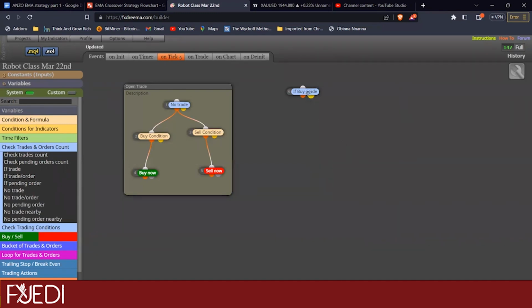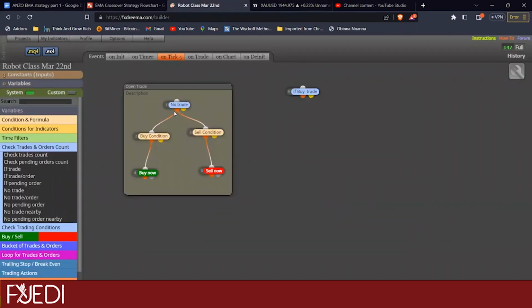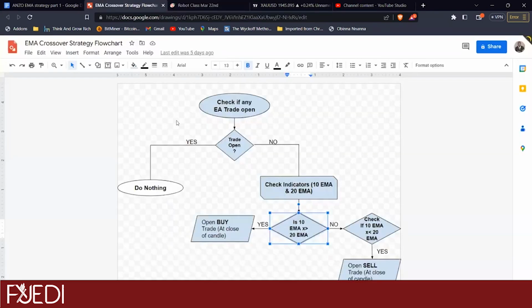So if there's an open trade, let's go back to our sketch. Before, we were saying if there's no open trade, check if there are open trades, which is this no trade. So it's checking that there are no trades. And in the past, we were looking at if there is an open trade, do nothing, right? Now, if there's an open trade, we'll check this to check open trades. I'm not going to change that anyway.